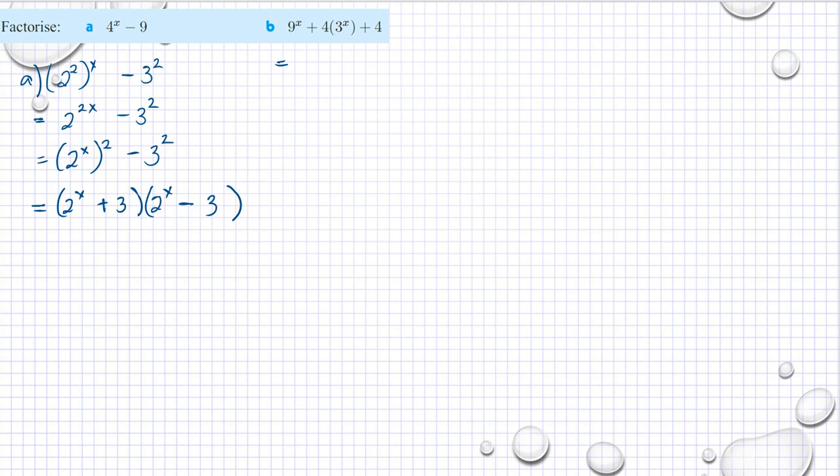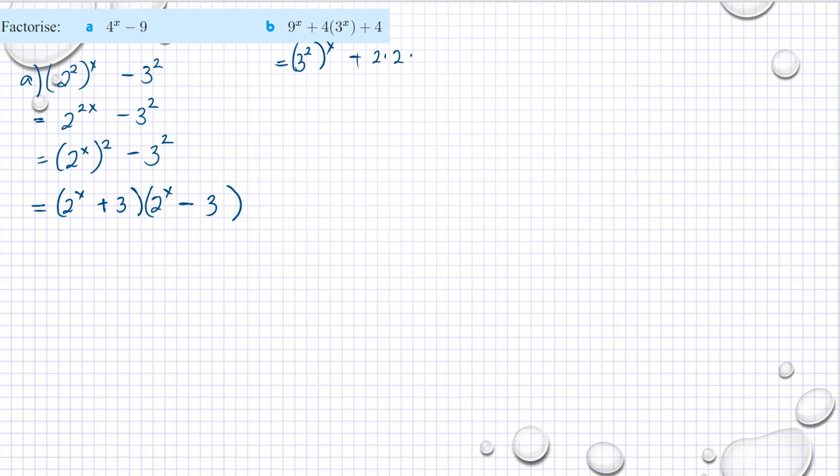If we do this, 3 raised to 2 raised to x plus 4. Sorry, 4 should be expressed as 2 times 2.